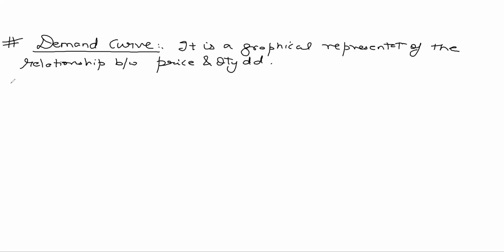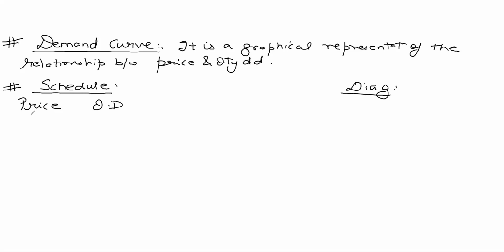Okay, so if I can quickly show you a schedule and the corresponding diagram. So price, quantity demanded. Suppose we take the price in rupees, quantity demanded in units.